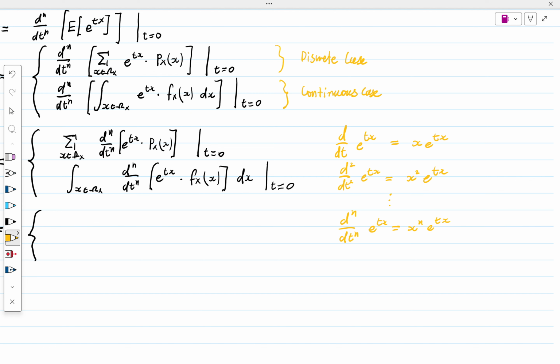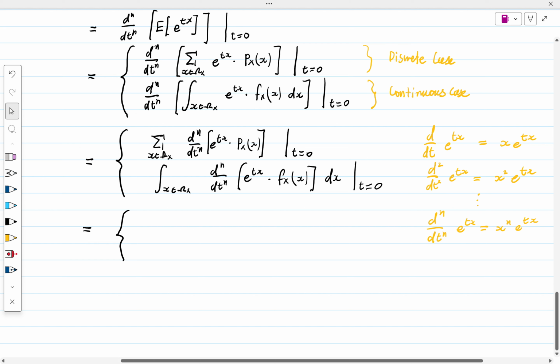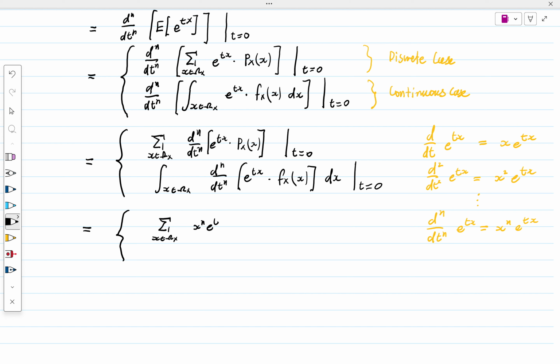So, going back up, we'll simplify our two functions. The first is the sum over x in omega of x to the n e to the tx times p_X of x. Again, p_X of x was a constant, so you just keep it in the multiplication, and we're still evaluating at t equal to 0.